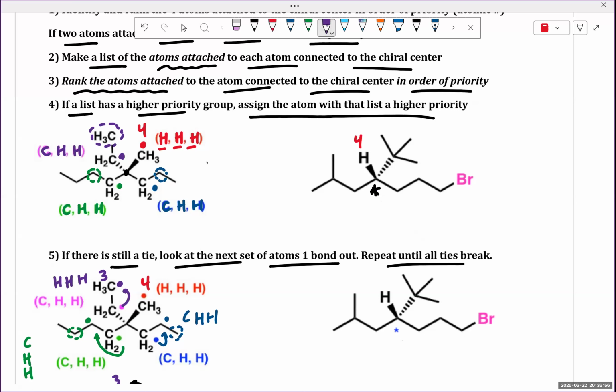Now we're going to take a look at each of our carbon substituents and make a list of what atoms are attached. So in this case, we have 3 carbons. In blue, we have a carbon and 2 hydrogens. In green, we have a carbon and 2 hydrogens.